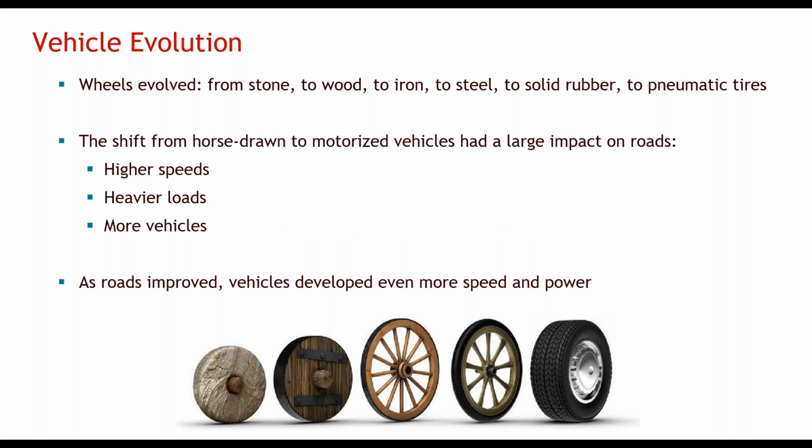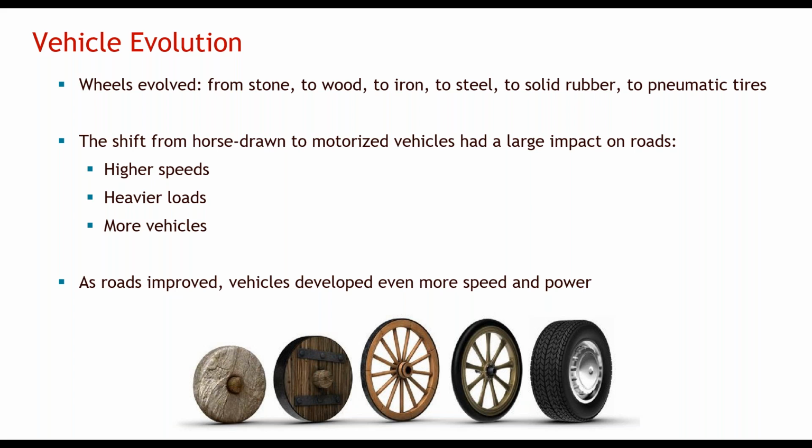Beginning in the mid-19th century, wheels and then vehicles started to see rapid changes. The evolution of wheels went from stone to wood to iron to solid rubber to pneumatic tires. At the same time, vehicles evolved with the advent of motorization. As engines became more powerful, vehicles could be designed to carry more weight and move faster.